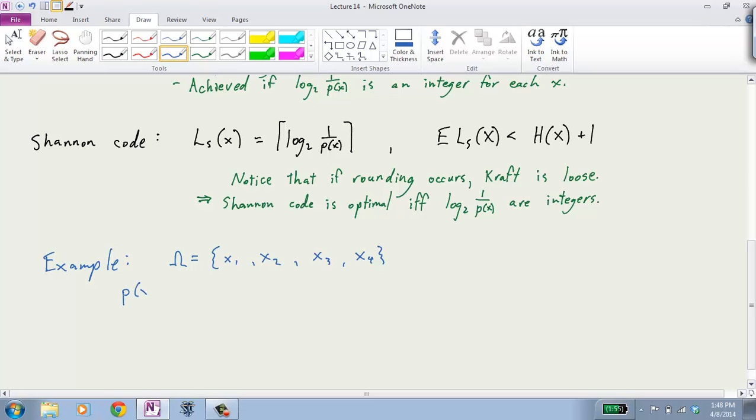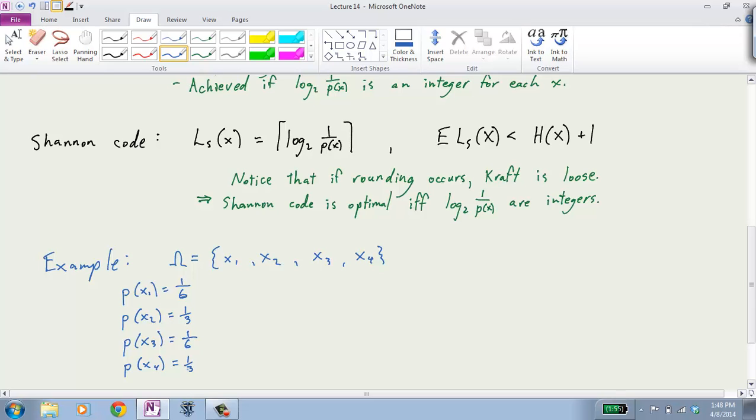P of x1 is a 6th, then a third, a 6th, and a 3rd. Those are the probabilities of each of them.